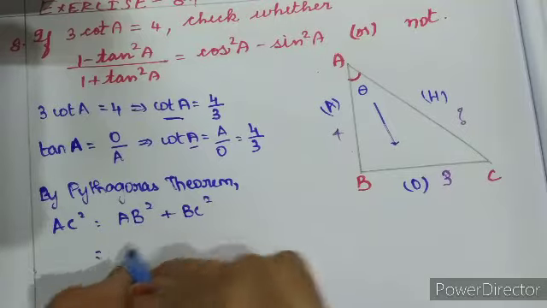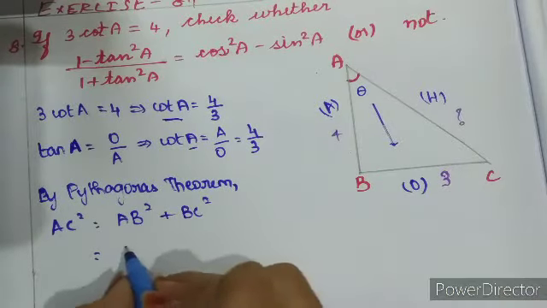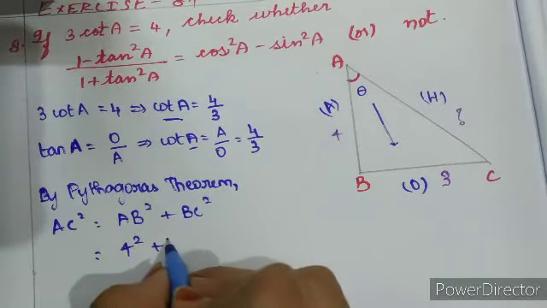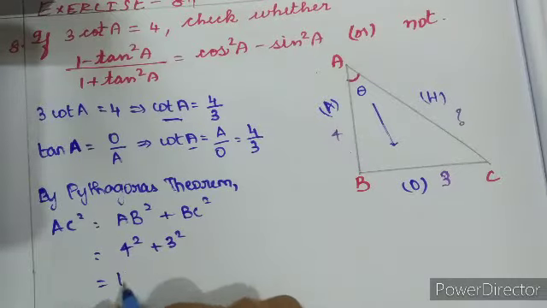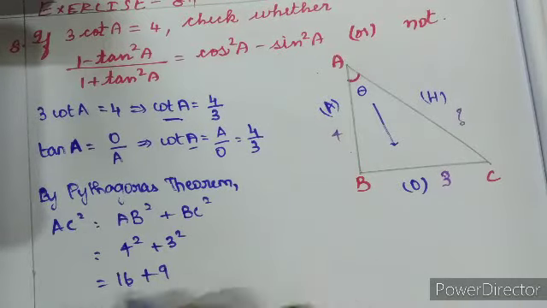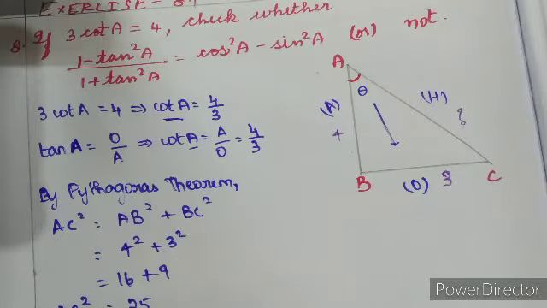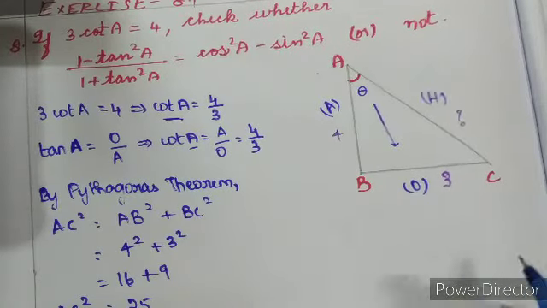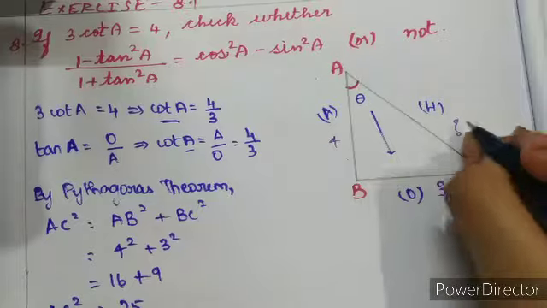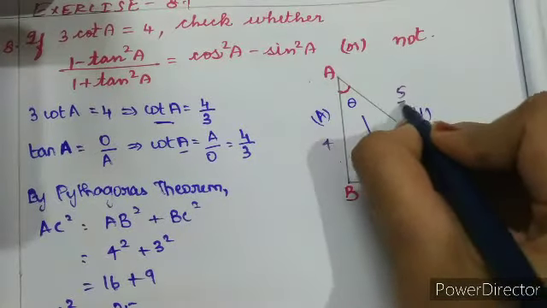Just substitute the values: 4 square plus 3 square, so 16 plus 9, which is equal to 25. So AC square is equal to 25, AC is equal to root of 25, which is 5. Now we got the value for the hypotenuse, which is 5.